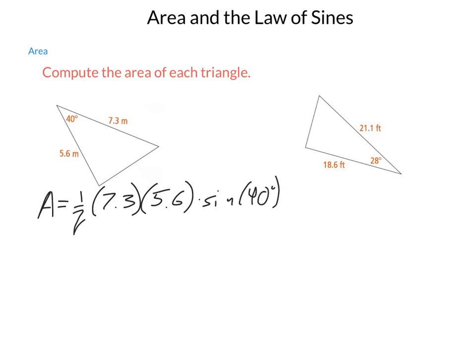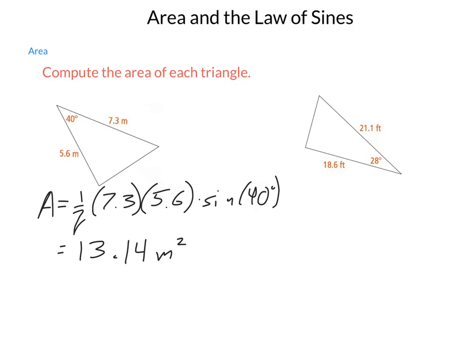Running that through my calculator, I have an area of 13.14 square meters. Now again, in this case, we are using our 7.3 as our base, and we're computing the perpendicular height as coming out of this 5.6 sine of 40 using those trig ratios.